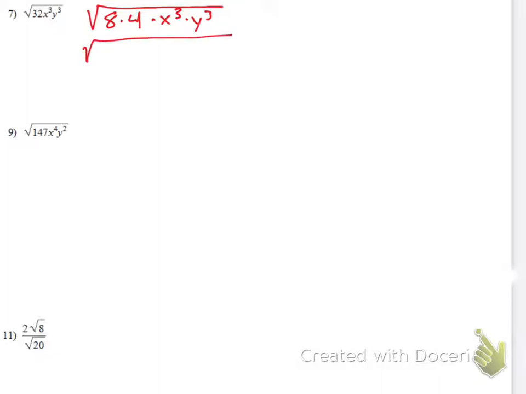I know that 8 can be broken down into 2 times 2 times 2. And 4 can be broken down into 2 times 2. And so everything's broken down. Now I can just do my variables, which is 3 x's and 3 y's. Okay.